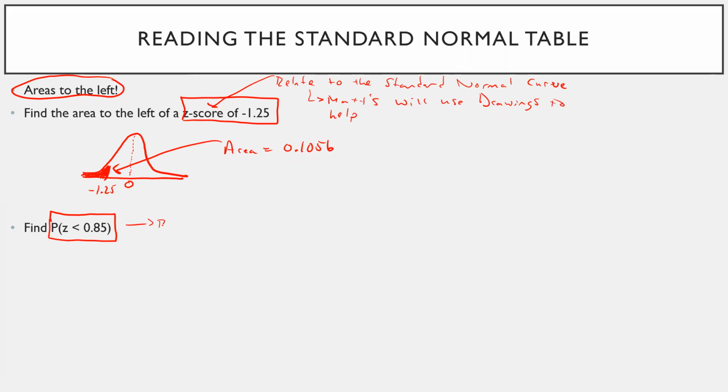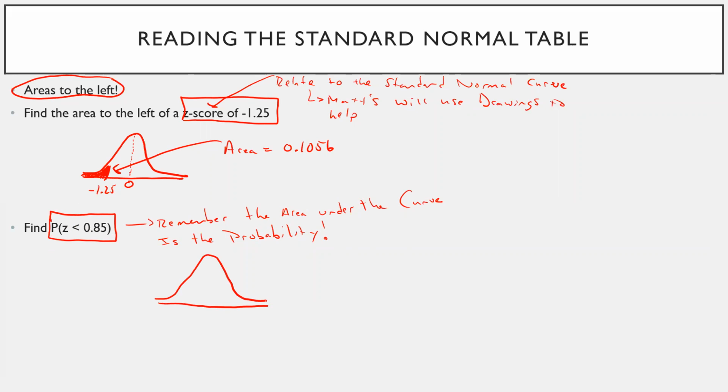Just remember, the area under the curve is the probability. Whenever I see the z, I'm going to sketch the standard normal curve. It's centered at 0. And this is 0.85.